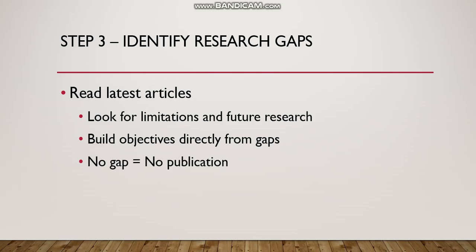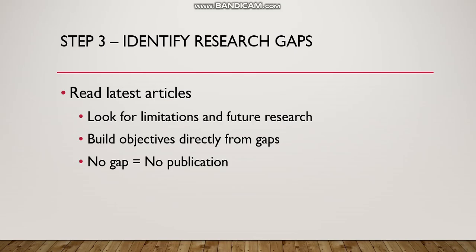That way, when you send your work for review, the reviewers can see how your work fills gaps and contributes to the academic body as a whole. So if there is no gap, then your work might not be publishable.